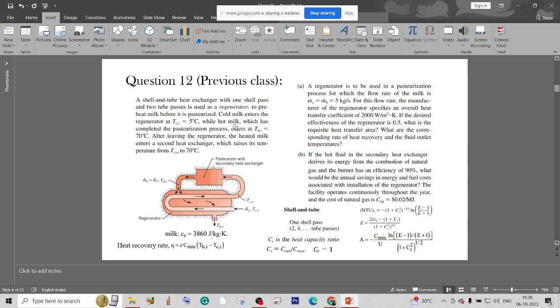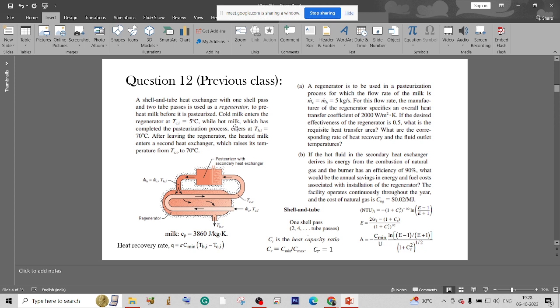Okay, so what is happening? This is one shell, 2 tube passes. So TCI, that is the cold fluid, is entering at 5 degrees Celsius, and it's leaving at some outlet temperature. We don't know the outlet temperature yet.